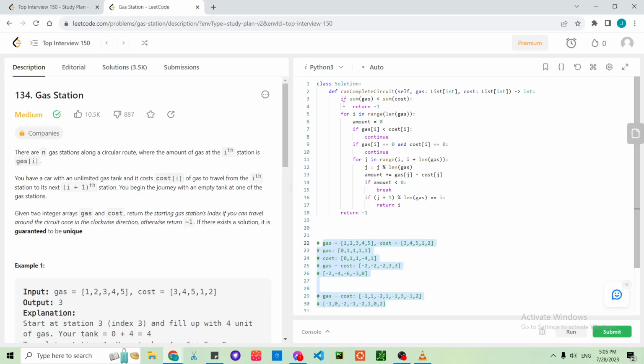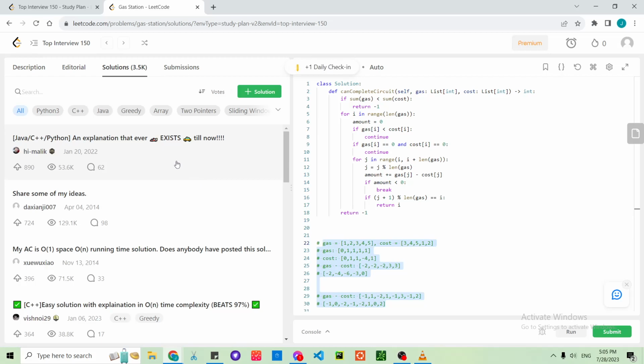Alright, so this did not meet the time requirement because it's 2 for loops, it's quadratic time. What about space? Space is constant. So quadratic time, constant space, not good. Let's have a quick look at other solutions.